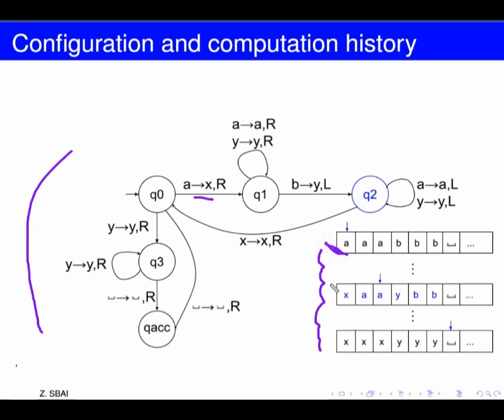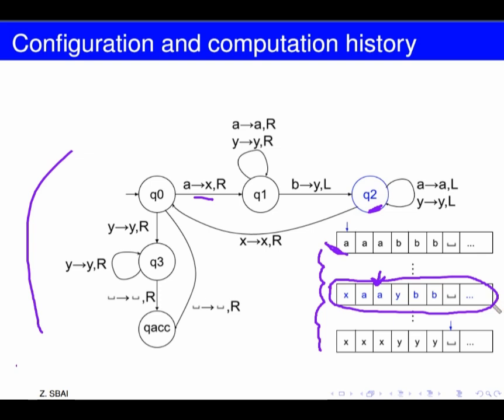Now, at any moment of this work, we will look at the tape, see what is the content there, what is the string that is available there in the tape, on which element the tape head is pointing, and in which state we are in the machine, from which state we will be moving next.